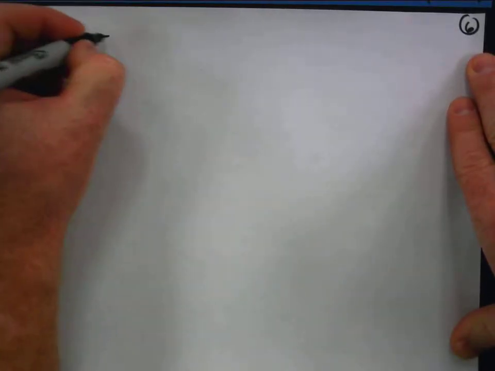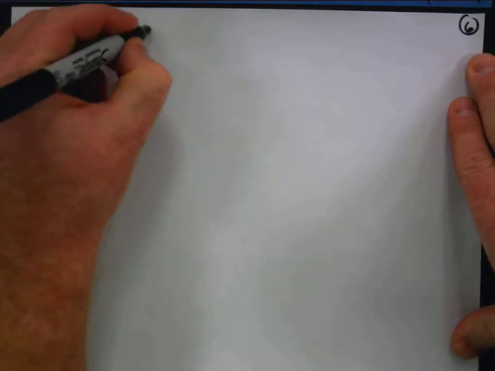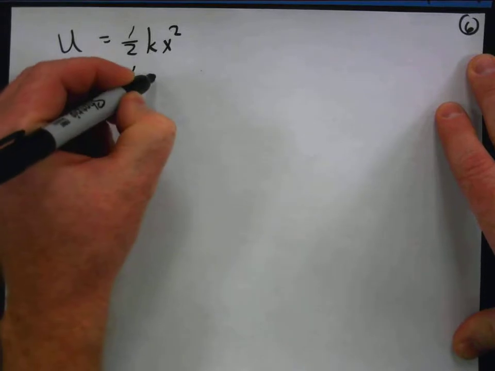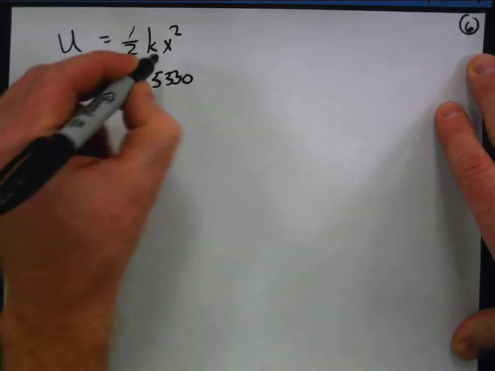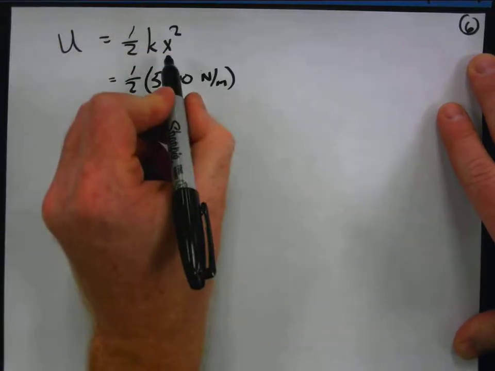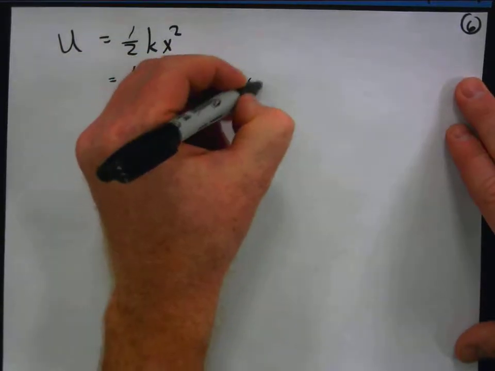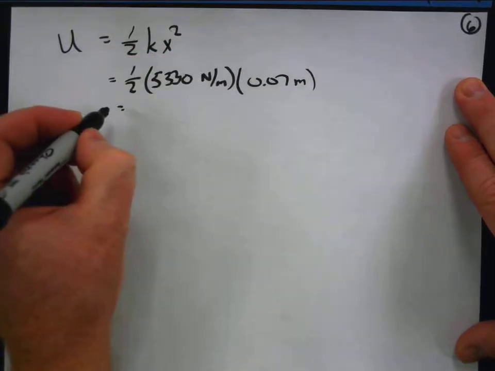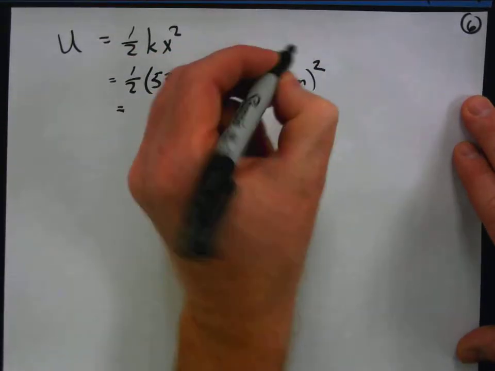So in this case, for the stored energy, we'll come back to the same equation, 1/2 kx squared. K is the same, 5,330 newtons per meter for that spring constant. Now our x value is 7 centimeters. Convert that to meters. Oh, don't forget the exponent.